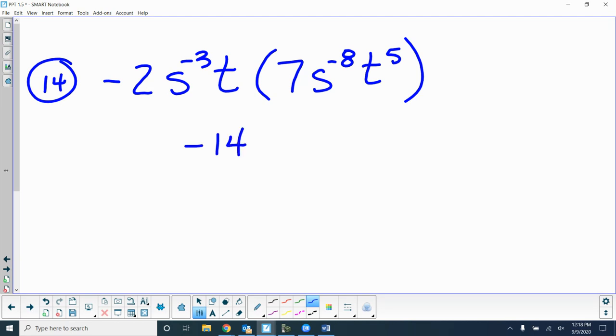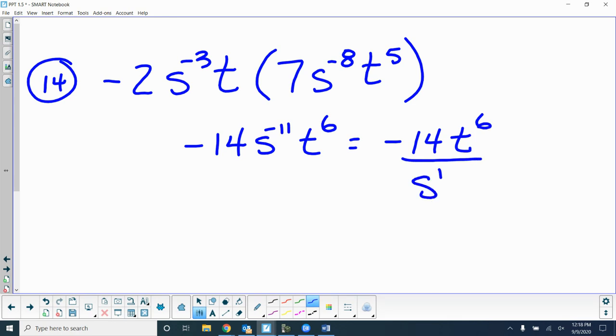And then s times s, add the exponents. T times t, add the exponents. I'm not allowed to leave that negative 11 there. So where does it go? It goes to the bottom. And it becomes positive.